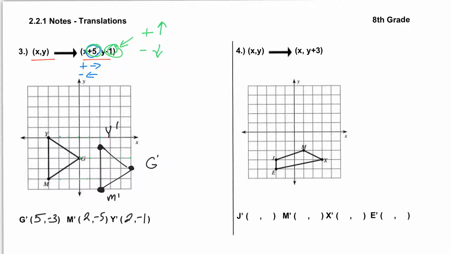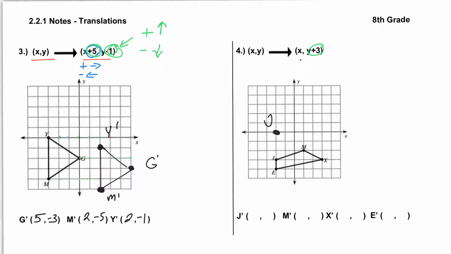So this translation says we are going to not move x at all. Since there's no number attached to x, we're not going left or right. And it says y plus 3, so that means to move the image up 3. So we're going to go for each of our points over 0, up 3. So for J, we're just going to count 1, 2, 3, up 3.